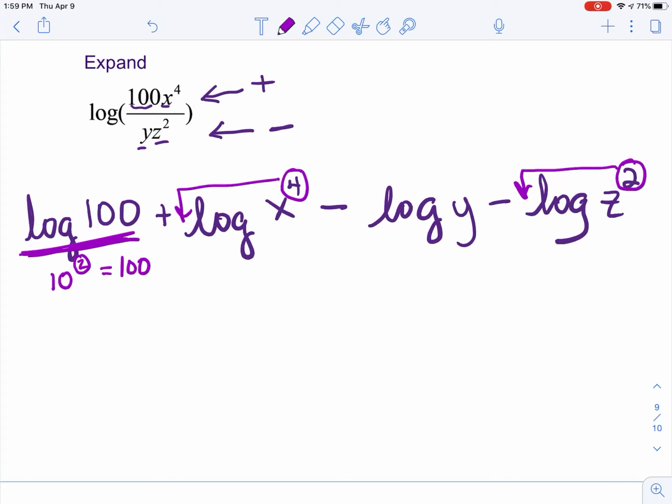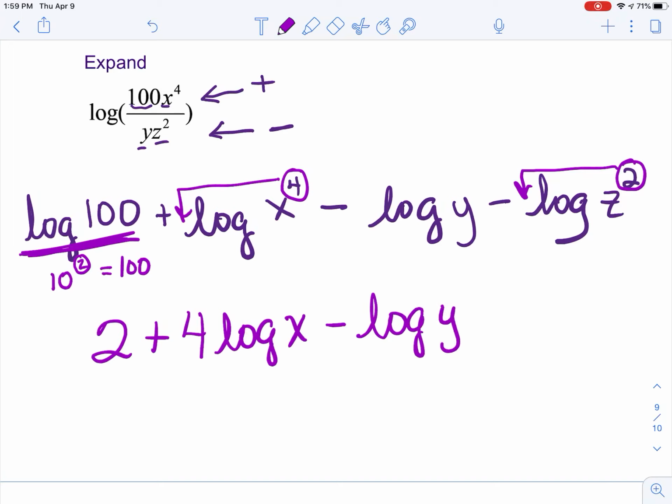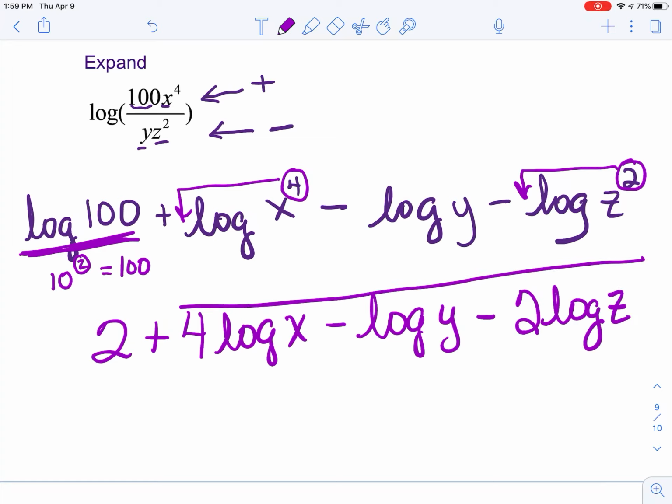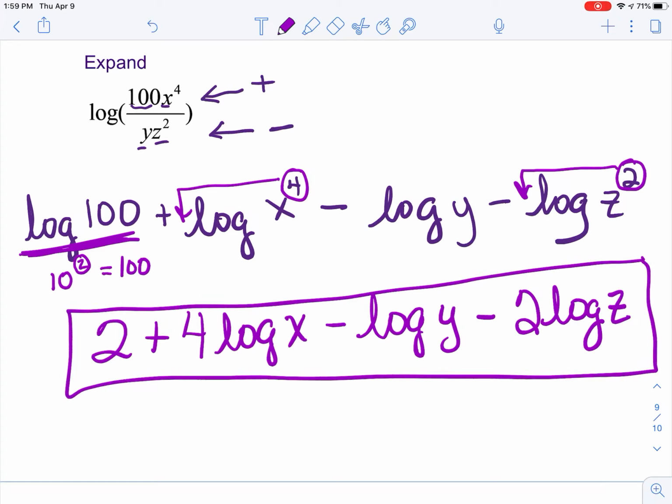And your answer should be 2. 10 squared is 100. So you should get 2 plus, bring your 4 to the front, 4 log of x minus log of y minus 2 log of z. And that right there is your answer.